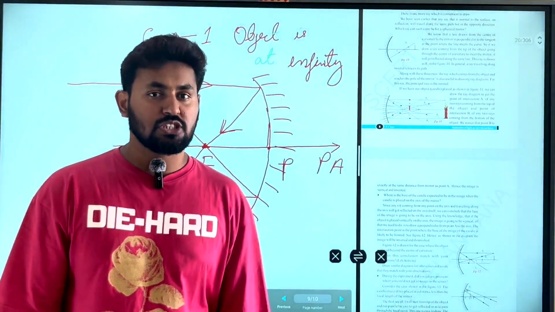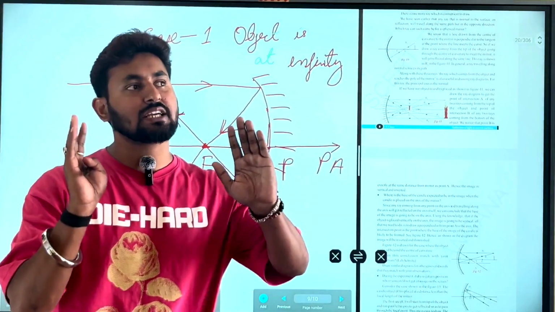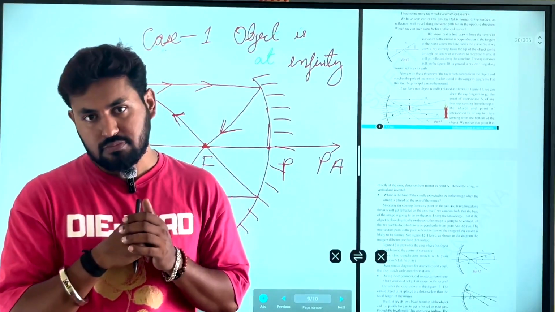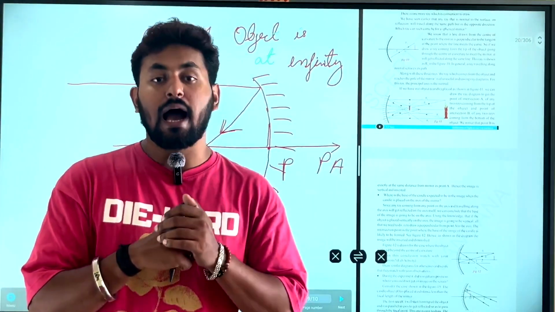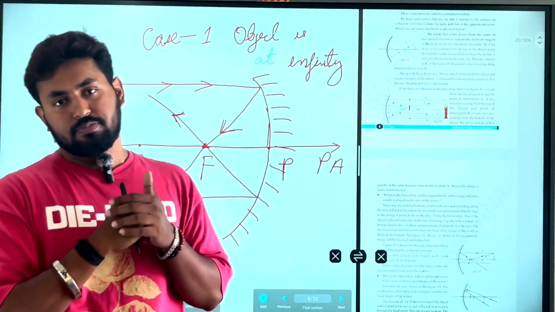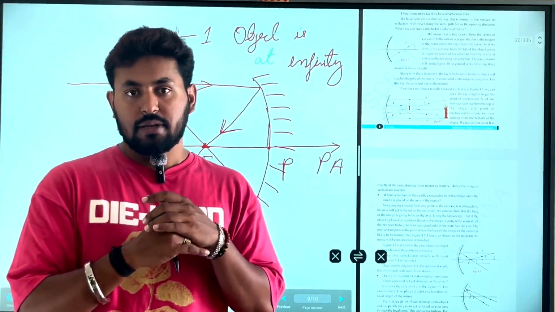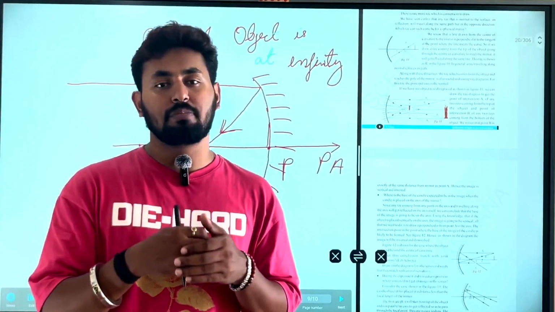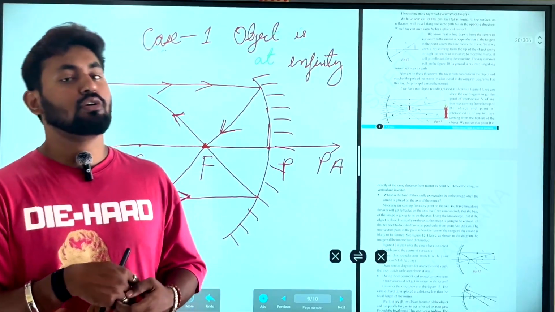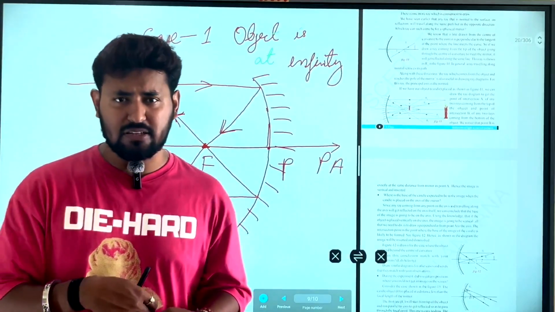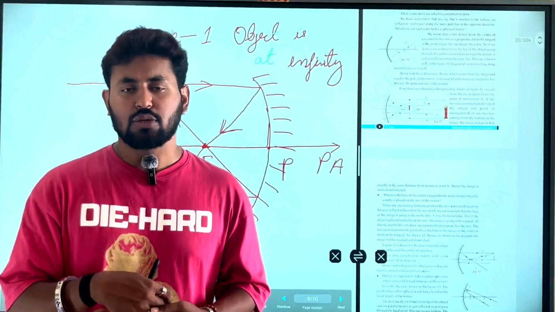A real image is something that can be caught on the screen, and it will be inverted. For example, everyone watches television nowadays, and everyone goes to a movie in a multiplex theater.